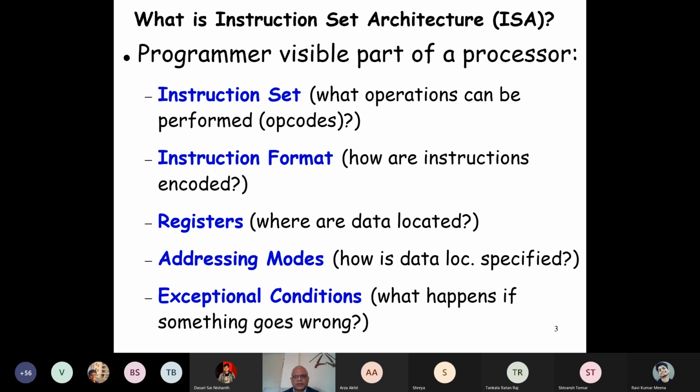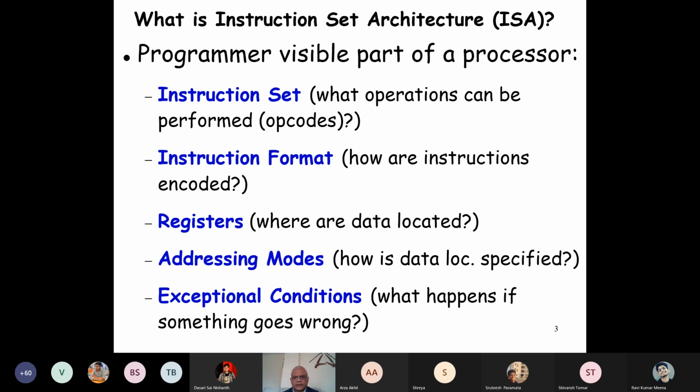The instruction format, how are the instructions encoded? The registers, how many registers are there, what are their names? So these are the places where data will be located before operation. The addressing modes, how is the data location specified in an instruction? Whether it is in memory, in the register, etc. How it will be specified, we'll look at that in more detail.